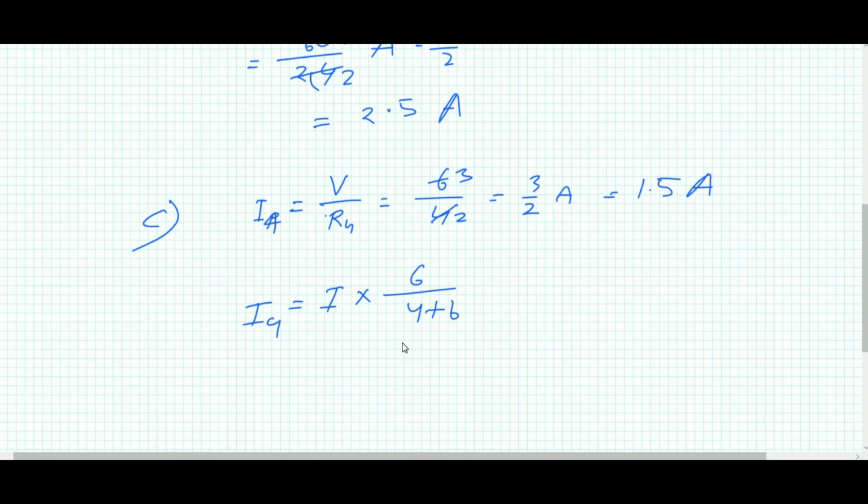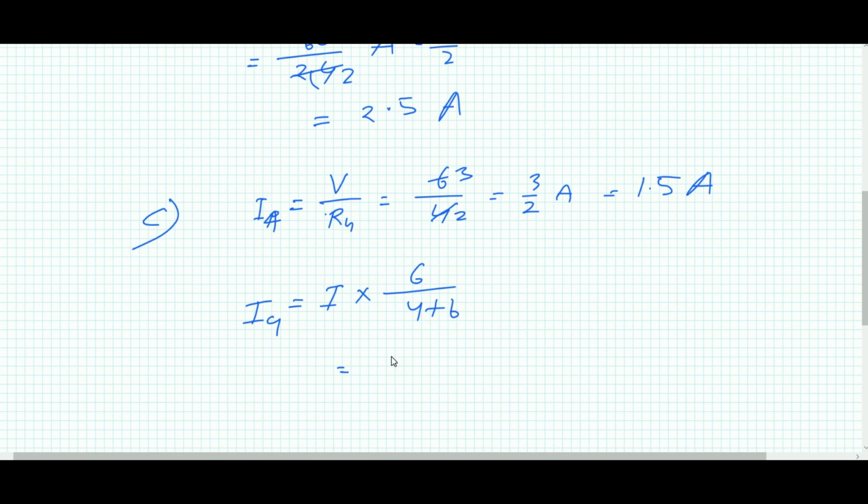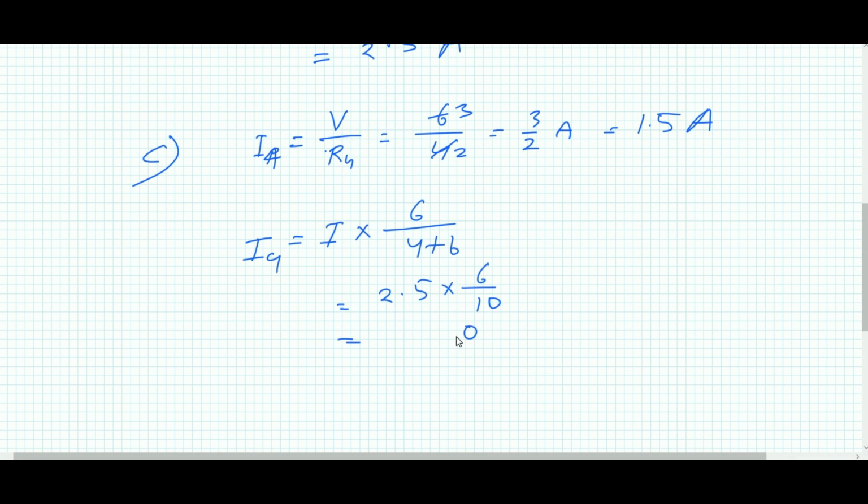It becomes 2.5 into 6 by 10, that is 6 5s are 30, so 15 by 10, that means 1.5 ampere.